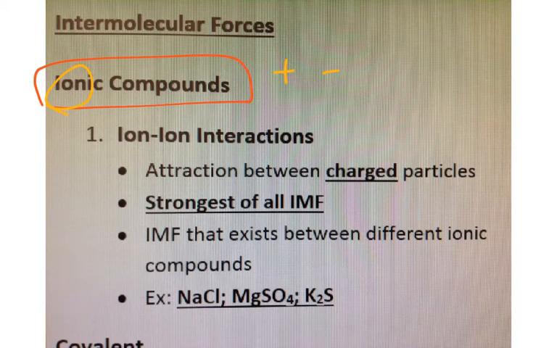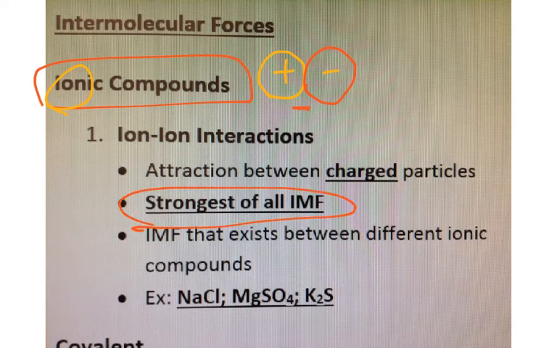And so what's going to happen is that when something becomes positive, meaning it lost an electron, it is going to be attracted to something that became negative by gaining an electron. And so this attraction that exists between the two different elements or two different compounds is because of different charges, because they're positive versus negative. This is the strongest intermolecular force that we will be studying in this class.